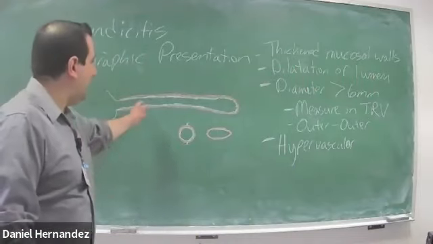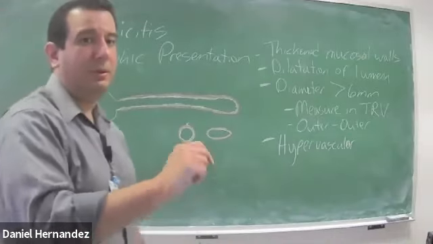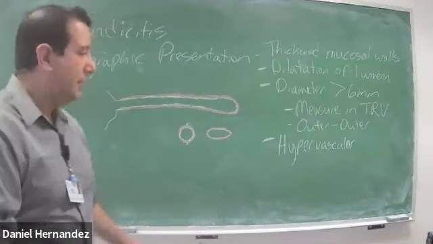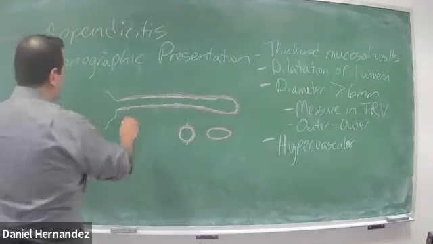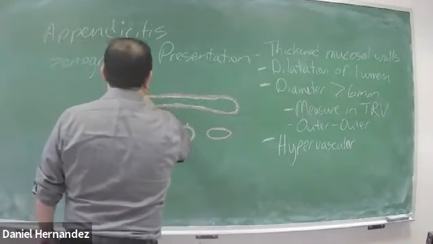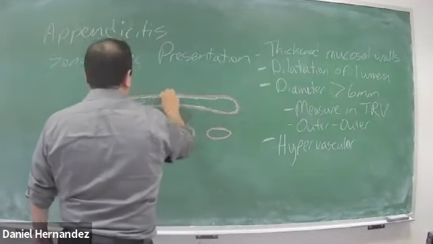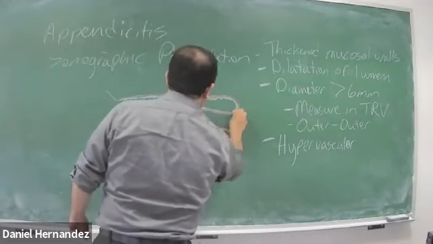You put your color Doppler onto this appendix, making sure your scale is low because the velocities are not going to be fast. You can even potentially use power Doppler. With power Doppler or low flow color Doppler, this thing is going to light up with color. You're going to see vascularity, particularly along the appendix.